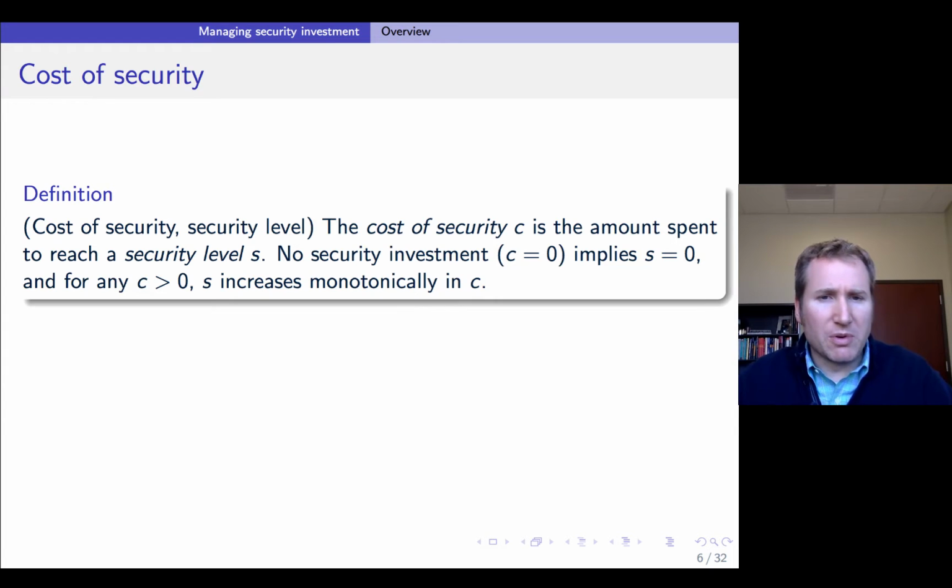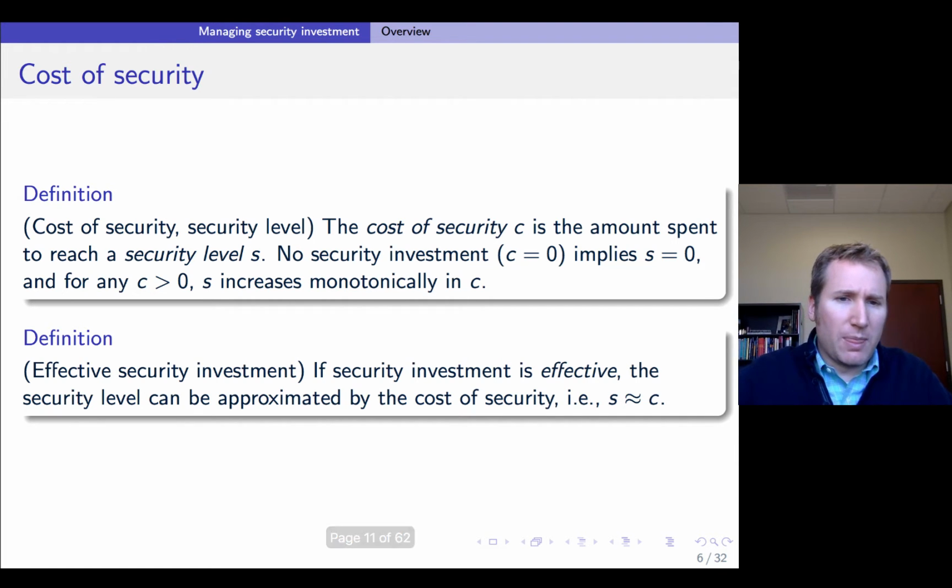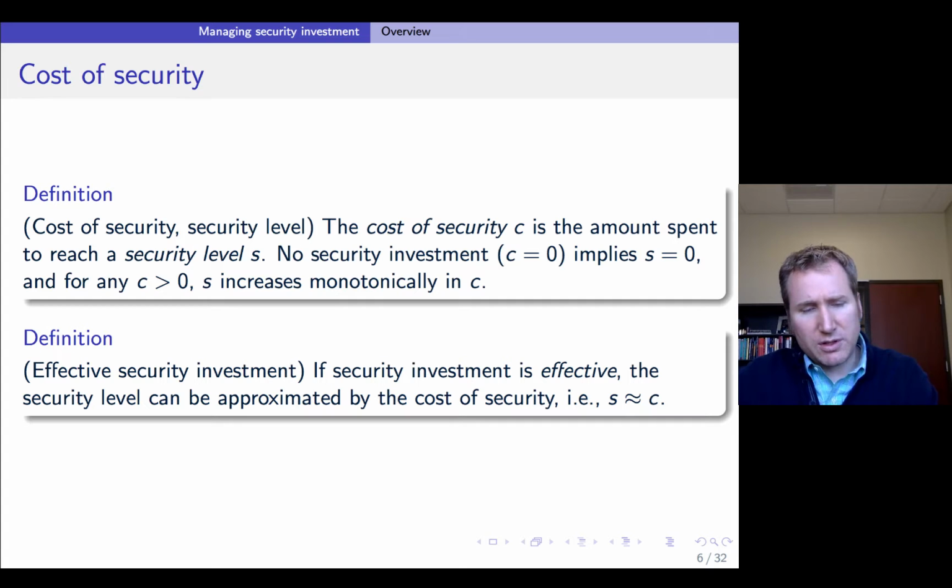So what we're excluding is the possibility that you spend a bit more on security and your actual security level goes down. We can have a further, stronger assumption, say, of effective security investment, where if a security investment is effective, that means that we can just approximate the cost of security to the security level.